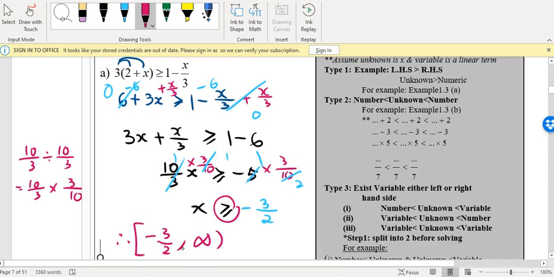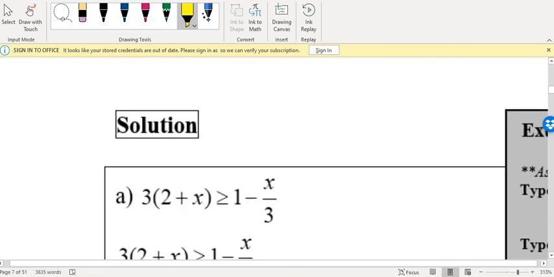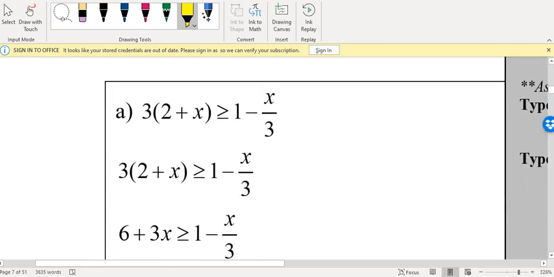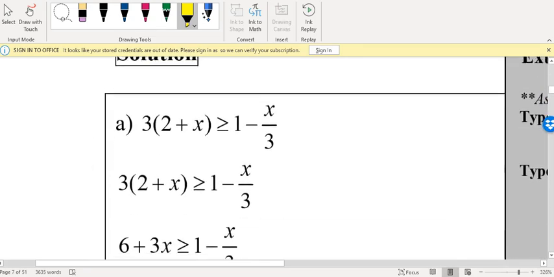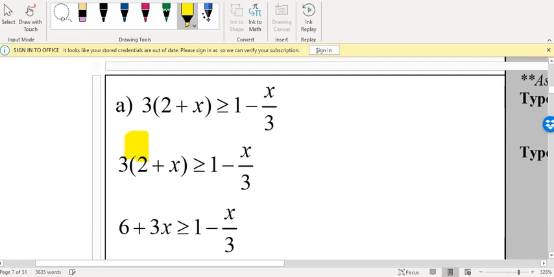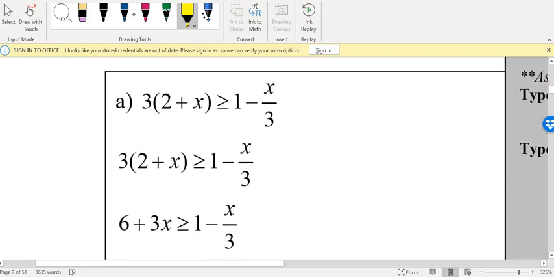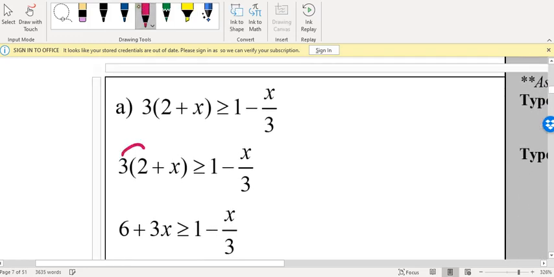Is it okay? If you can't see, you can do it one by one. As I mentioned, I can show you here also. You just expand. 3 times 2 you have 6, 3 times x you have 3x.